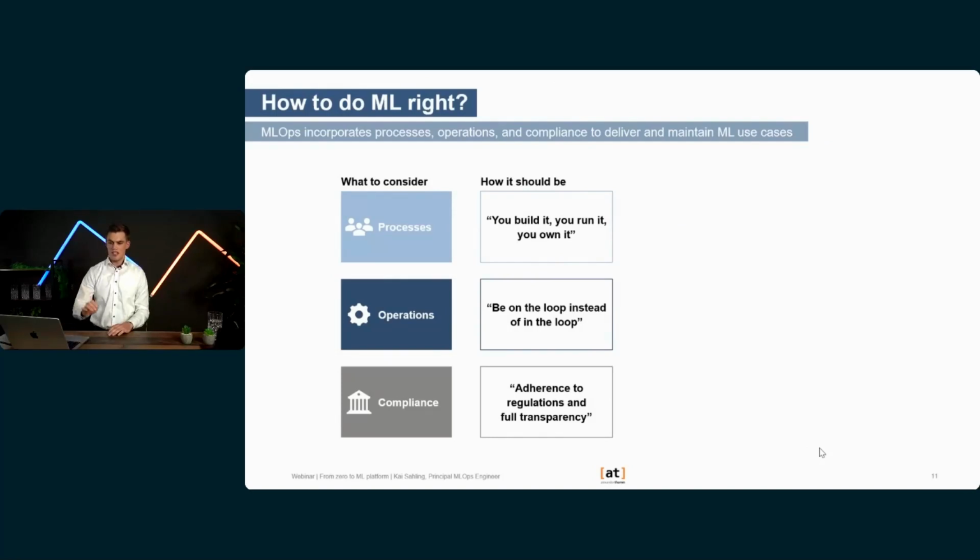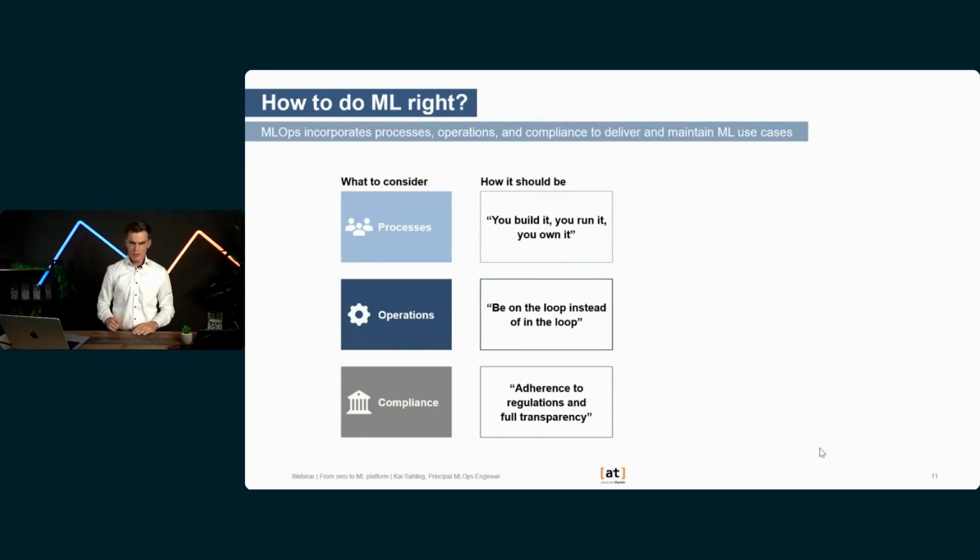So, as I said, we need to talk about the 3 categories in here. When you define how to do machine learning right, first, it's about processes. So you want to define how to work together in a team and across your organizations. Second, it's about operations, or you might also call it automation.